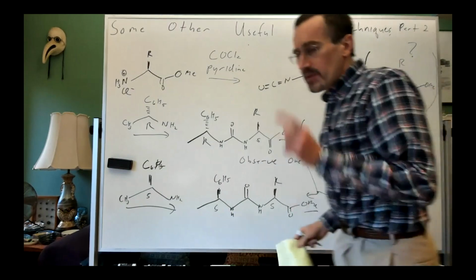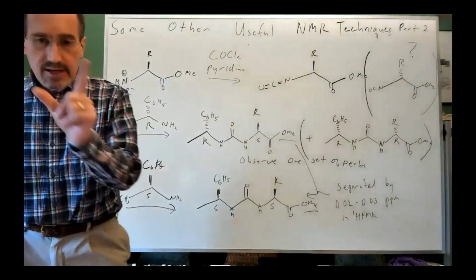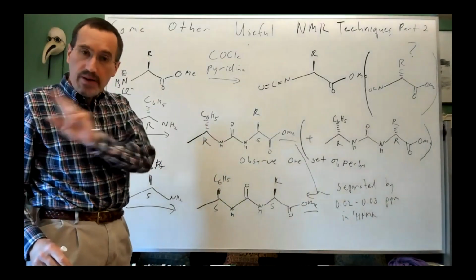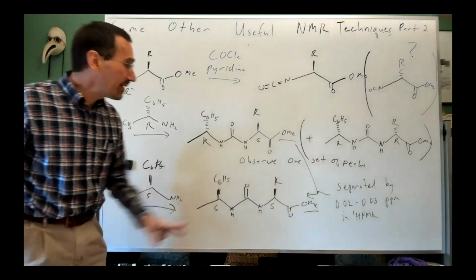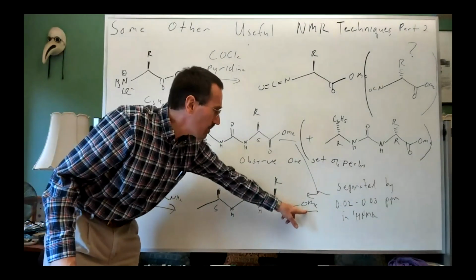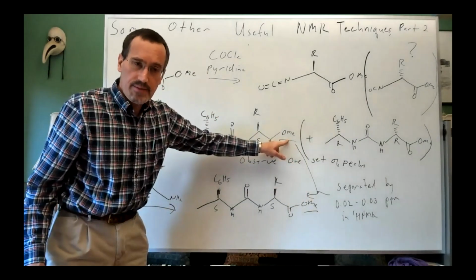And that's nice because a sharp singlet separated by a couple of hundredths of a ppm basically is completely non-overlapping. And we saw none of this peak in this sample.